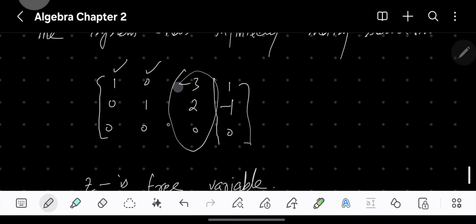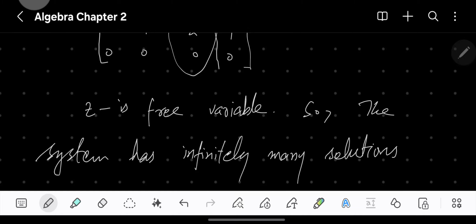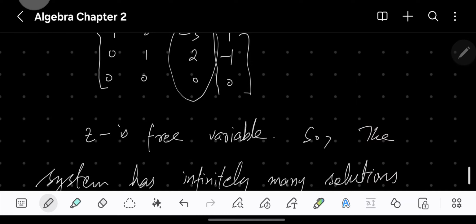Because there is no pivot, we cannot find its exact value. If we are not able to find its exact value, that means it is free. When it is free, it can take any value, so it has a lot of values. Therefore, the system has infinitely many solutions. Okay, so this is the end of this topic.